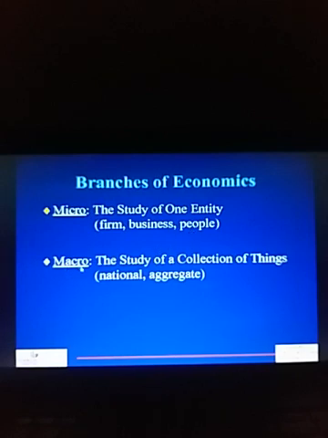Whereas macro is a study of a collection of things, that is, national income, employment activities, aggregative economics, let us call it. Anyway, focus on these two simple statements and also Kenneth Boulding's definition. Learn well. Both the branches, meanings and variables, focus.